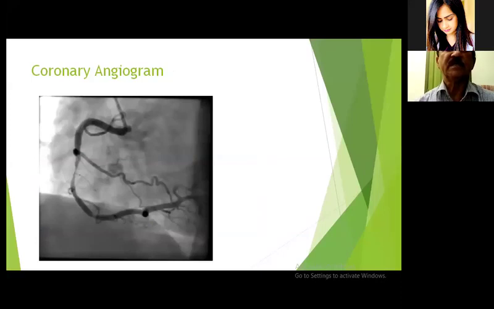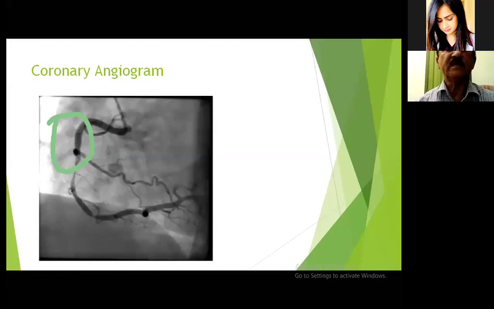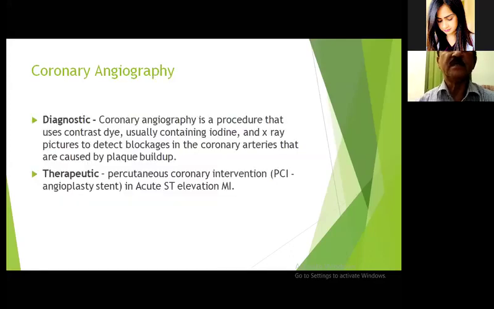This is very easily accessible through X-rays, and with the catheter you can split the lesion, clear the passage, and put in the stent. So coronary angiography is used, number one, for the diagnosis of coronary artery lesions, stenotic coronary arteries or blocks.